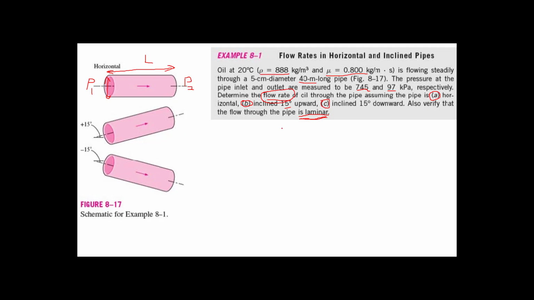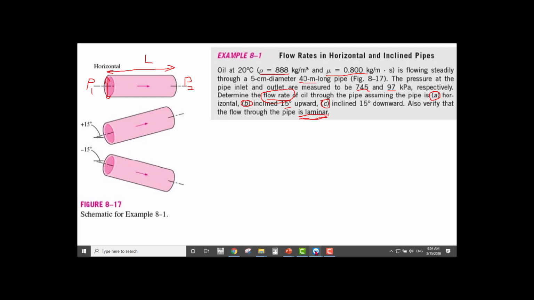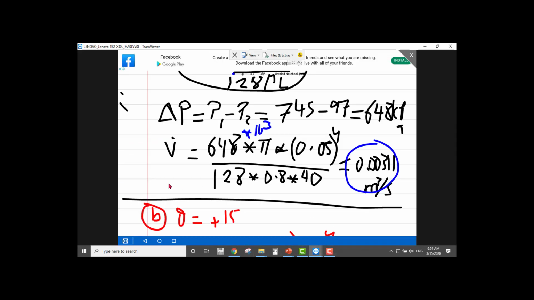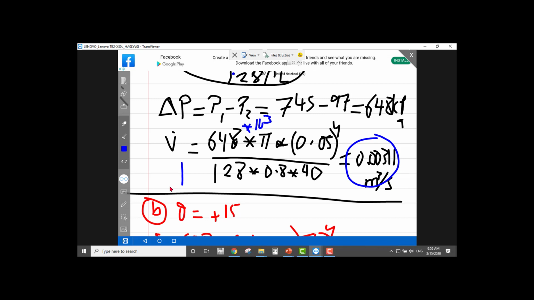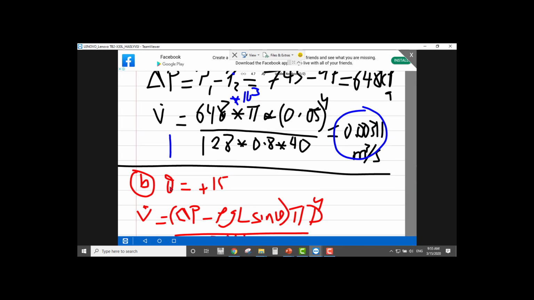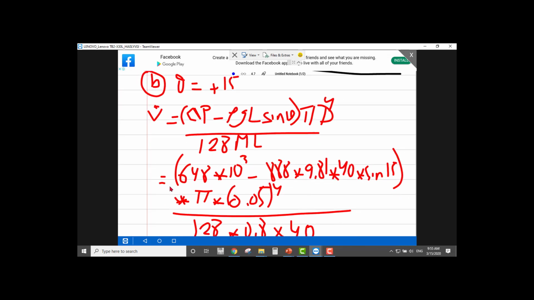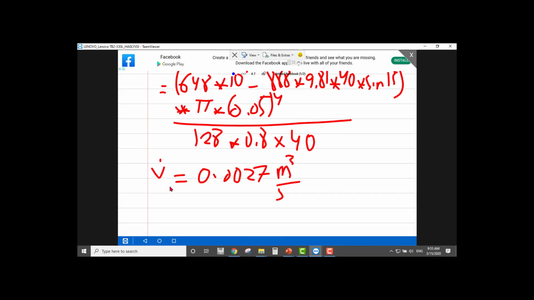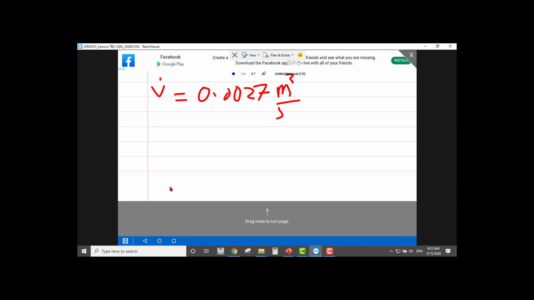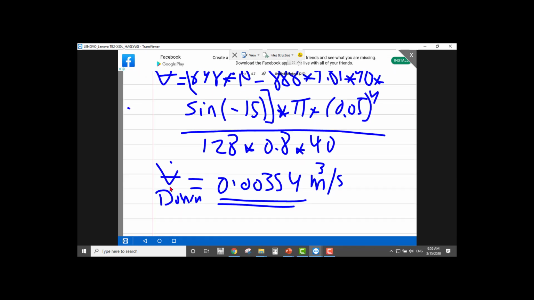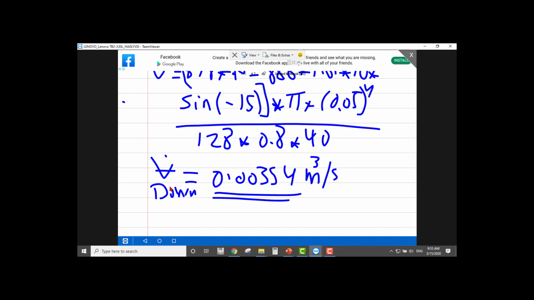So how can we do that? Let us continue. The V dot for part A is 0.0031, V dot for part B is 0.0027, and V dot for the third part is 0.00354.